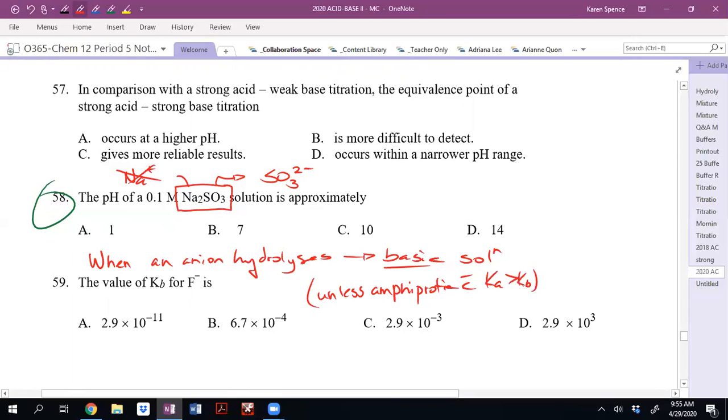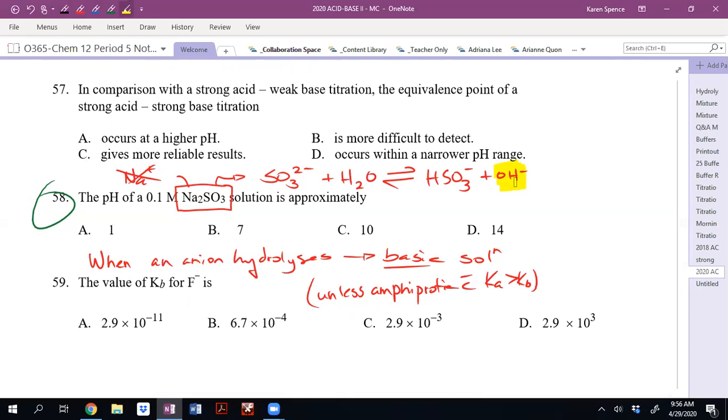But if you forget that, you can just try it out and see. If I put it with water, what can it do? Well, it has no proton to donate, so it has to accept a proton, which means it's going to become HSO3 minus plus OH minus. And when we see that OH minus, we can say, yeah, that is a base.